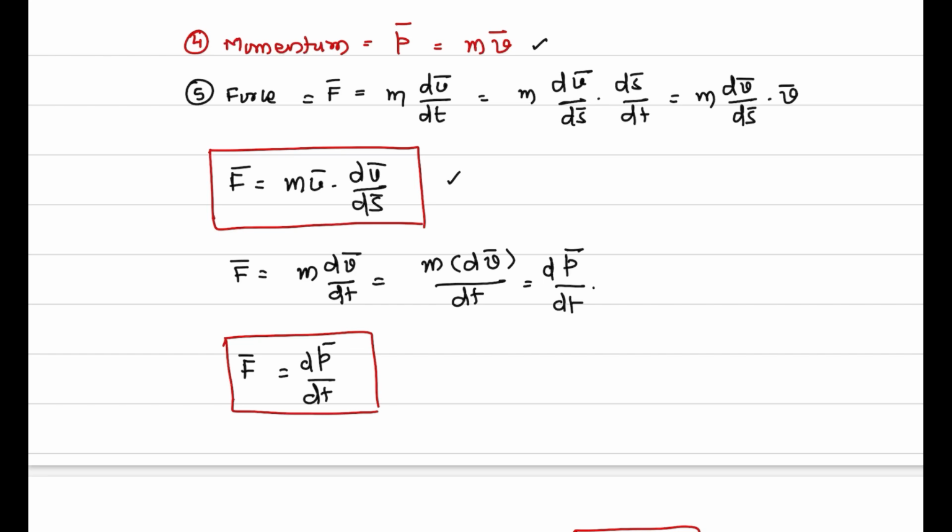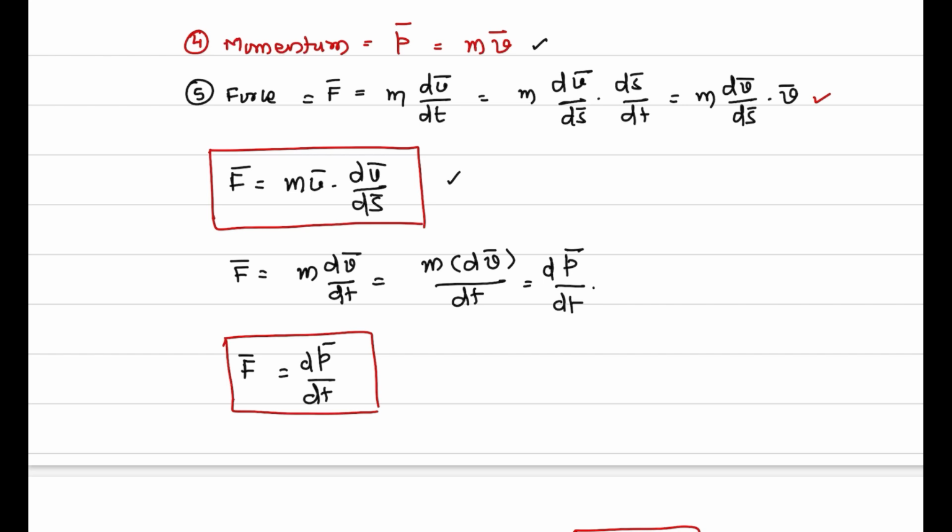Then linear momentum is equal to mv, and force is equal to m into rate of change of momentum, that is equal to m into dv by ds into v. This is also very important. And force is dp by dt. dp by dt is force. m into dv by dt, that's also force.